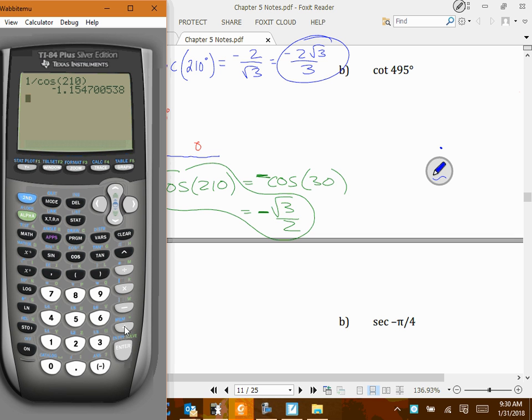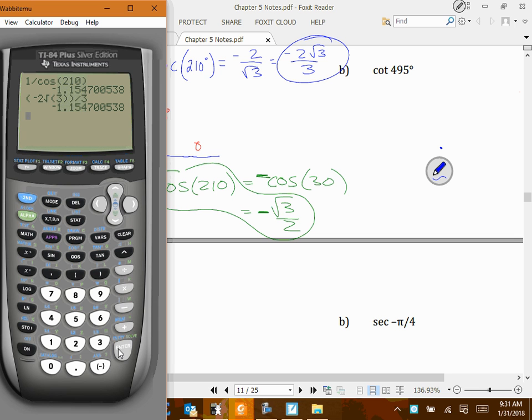Hit enter, I get that number right there, right? Now I'm going to take negative 2 root 3. Since it's a product up top, I like to have that in parentheses. Divide that out. Gives me the exact same number, right?